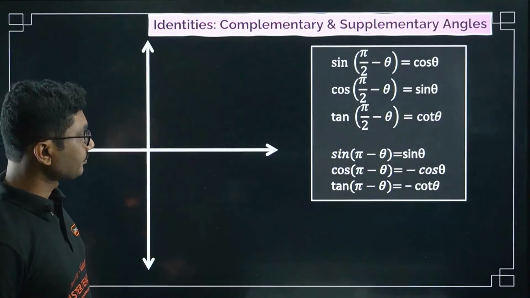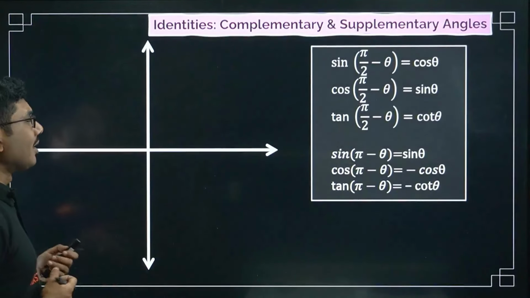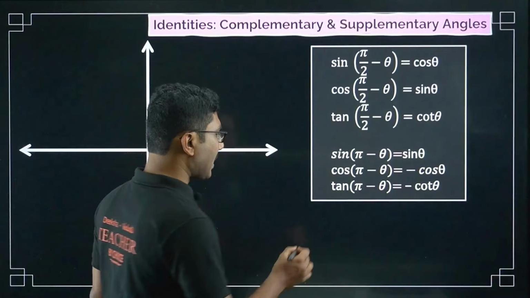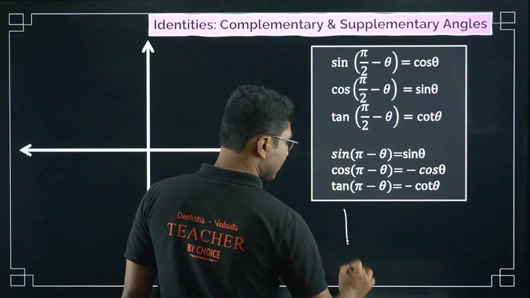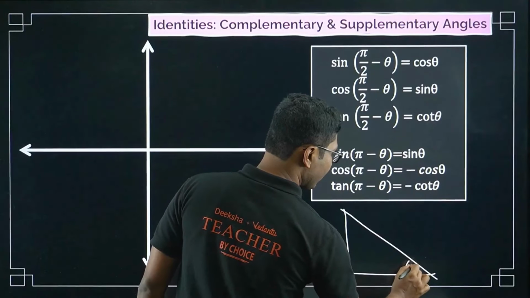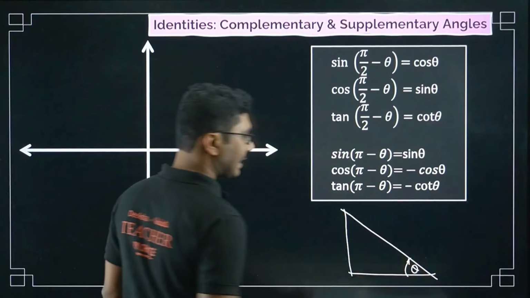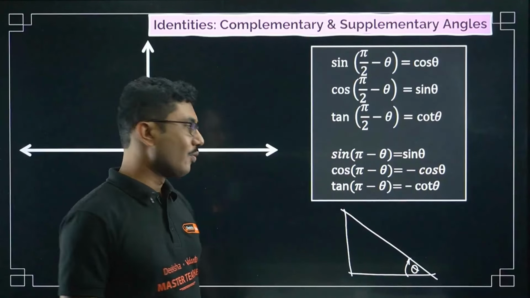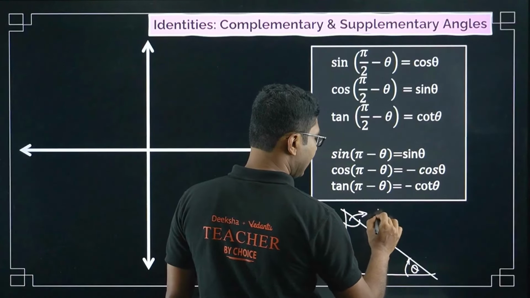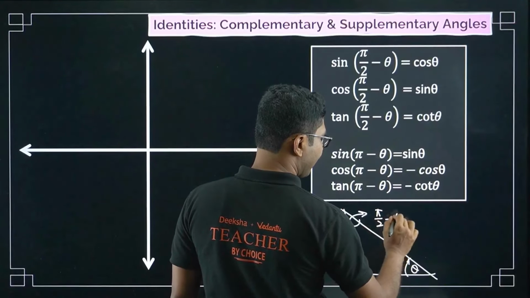Now next is complementary angles. I told you in the Pythagoras and the ratio of the angle, that if this angle is theta, and you know the value of this angle, you can find the other angle. Why so? Because the other angle is nothing but 90 degree minus theta, right?